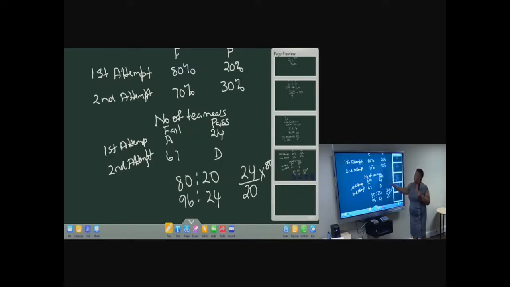Then for your D, the second attempt is given as a ratio of 70 to 30. But now what is represented is your pass. It's the same method. Once more, you will have your 67 and you divide it by 70, then multiply by 30.